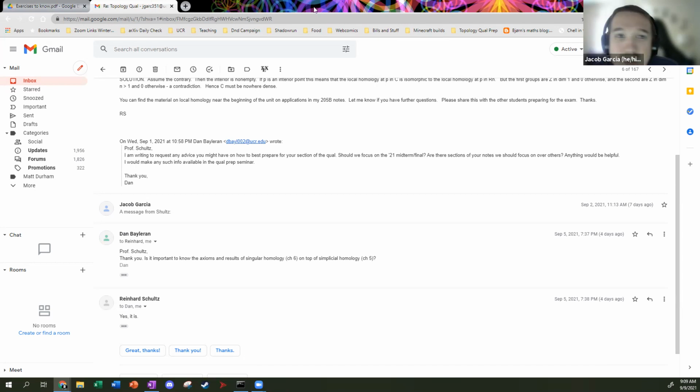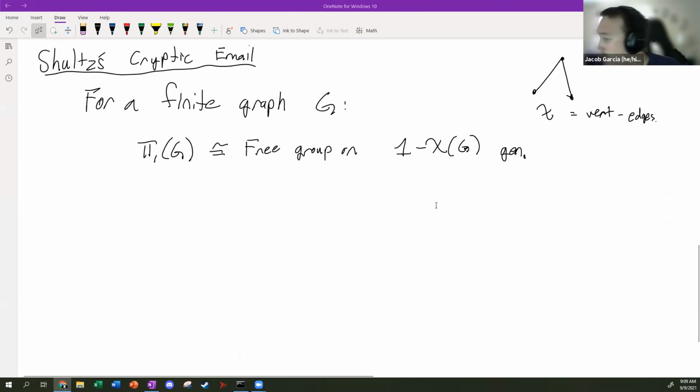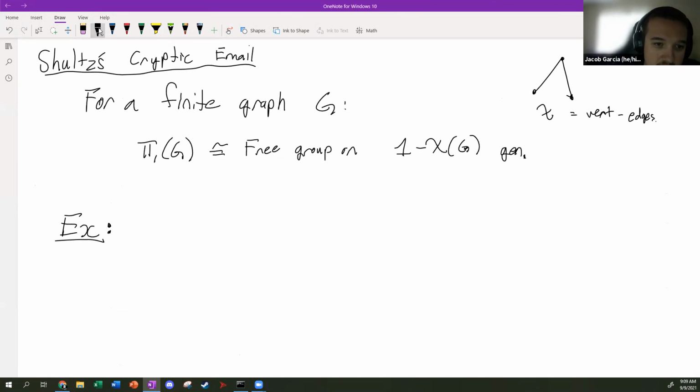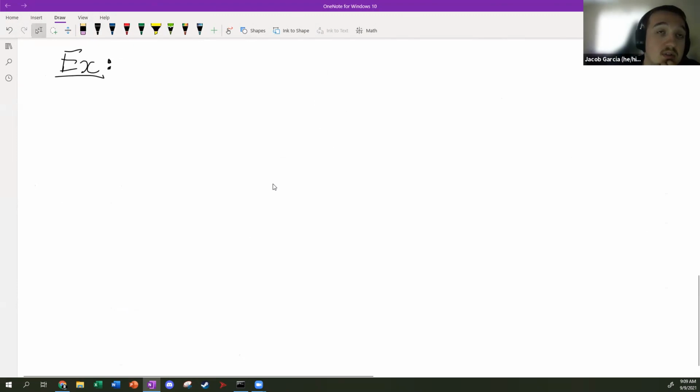Okay. So, exercises to know. Let me move it over here so that I can see what I'm talking about. You want a picture of number 2. So for example, here's a simplicial complex, and I'm just going to take a bow tie.